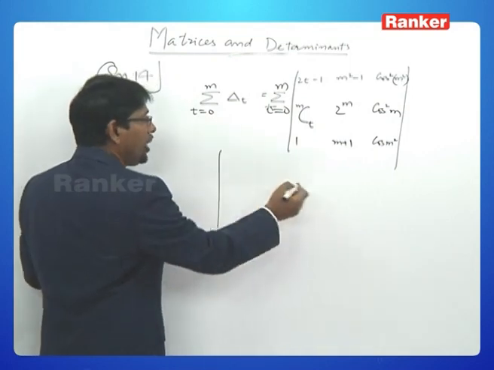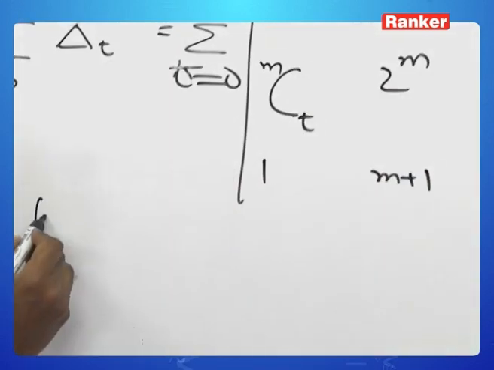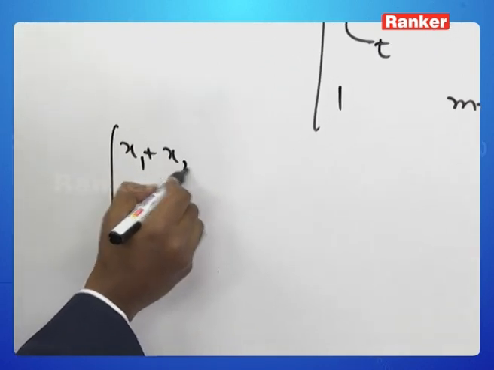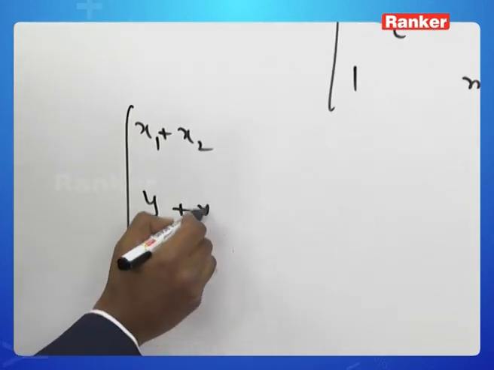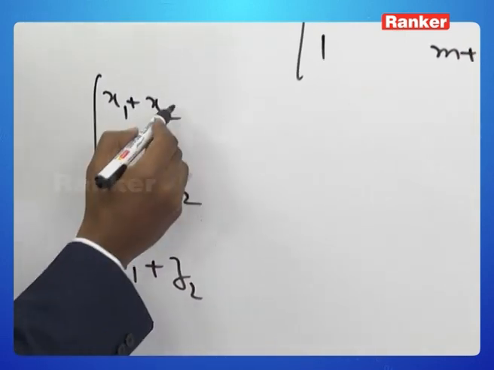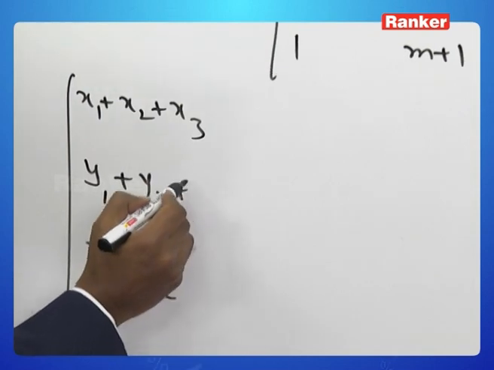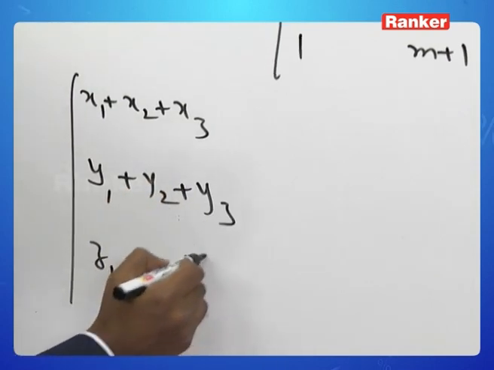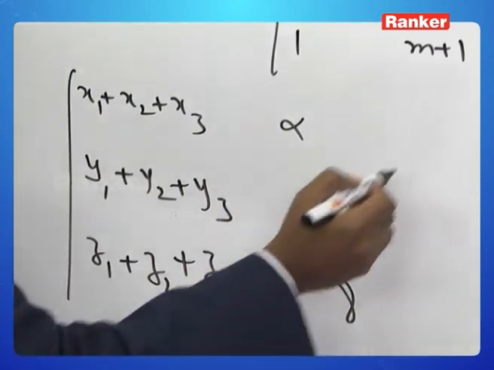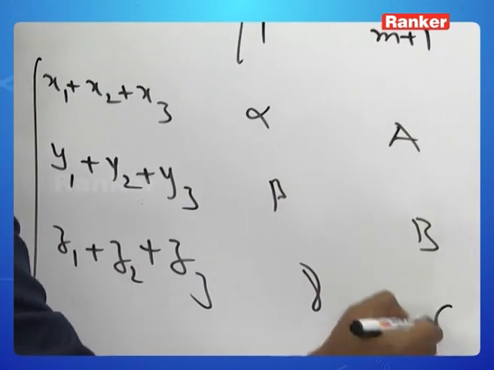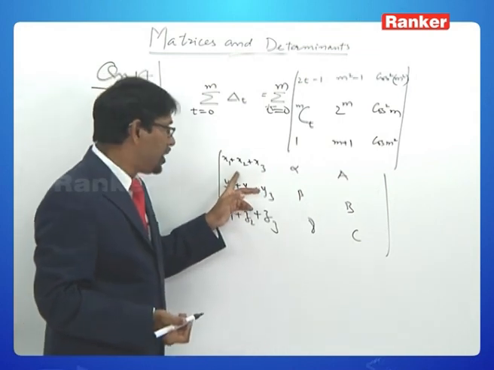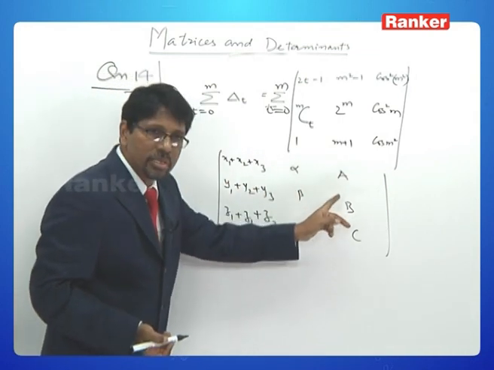So suppose we have x1 plus x2, y1 plus y2, z1 plus z2, even let us say x3, y3, z3, some alpha, beta, gamma and a, b, c. We can split this determinant into 3 determinants, keeping the other 2 columns as it is.